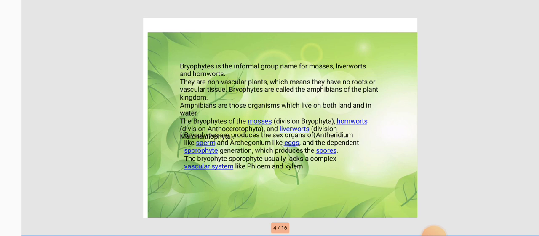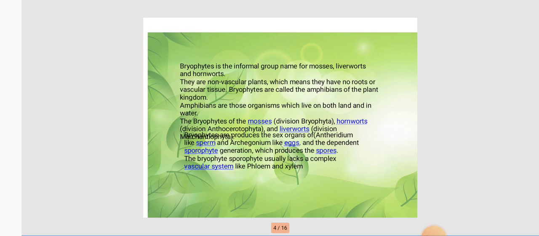Then they produce the sex organs: antheridium, like a sperm, and archegonium, like an egg. Antheridium is the male sex organ and the archegonium is the female sex organ. Already you know that. They depend upon a sporophyte generation which produces the spores. The bryophyte sporophyte usually lacks complex vascular systems like phloem and xylem because bryophytes are thalloid.